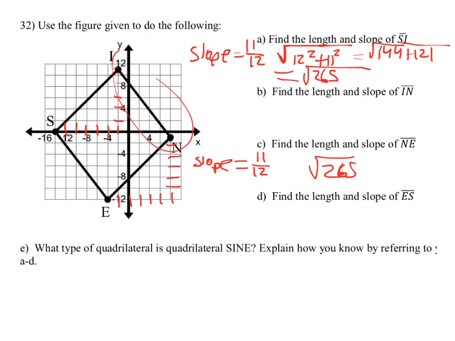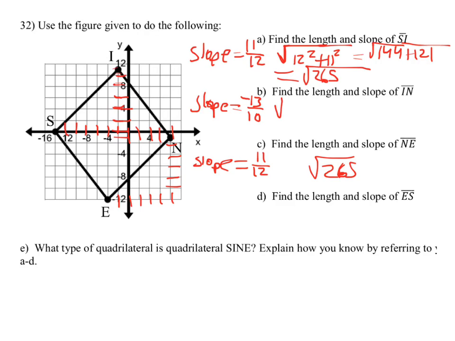And that brings us to IN. So let's get the slope first on that one. You're going down 1, 2, 3, 4, 5, 6 and a half, which comes out to be a rise of negative 13, because you had to go down 13. And then a run of 1, 2, 3, 4, 5, a run of 10.